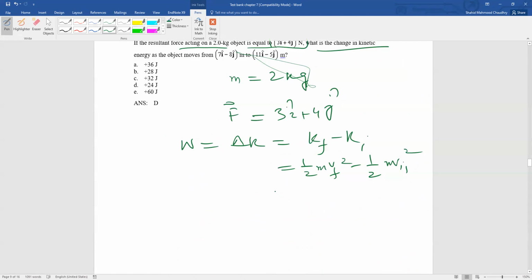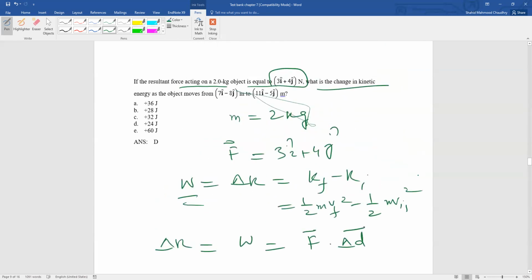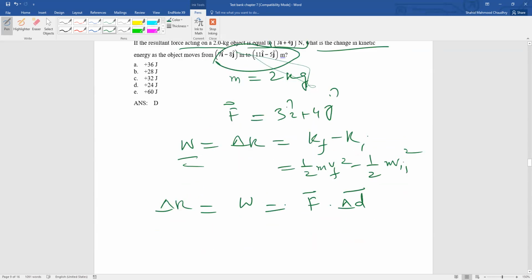So we want to find the work done. We know that delta K, the change in energy, is work done. So work done is what? F dot delta D, or delta S, or D. So here delta D is this one. How can you find the delta D?